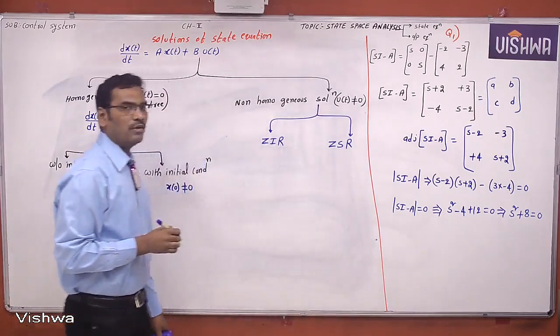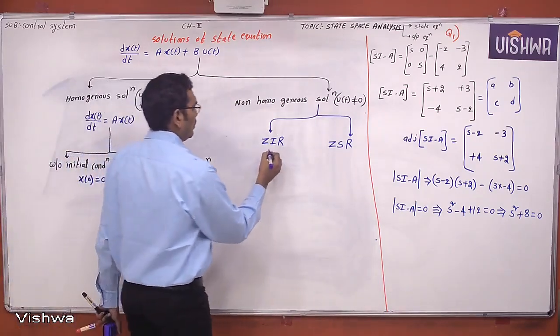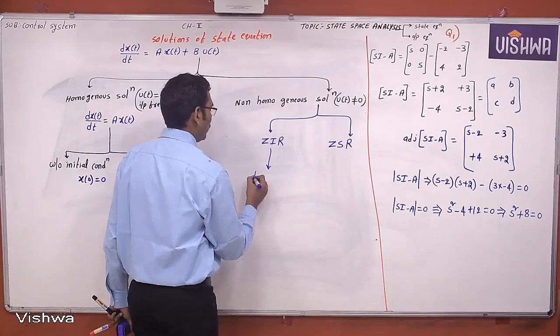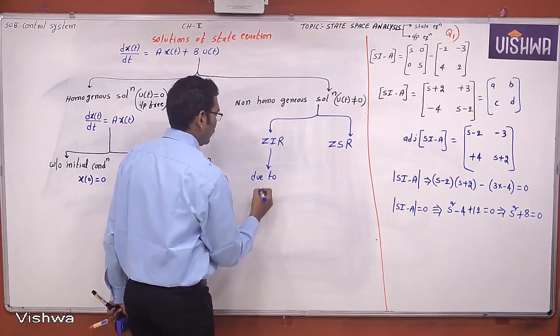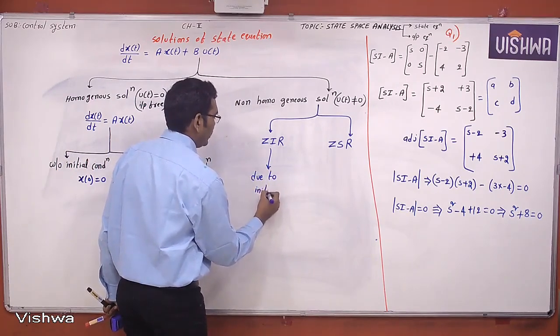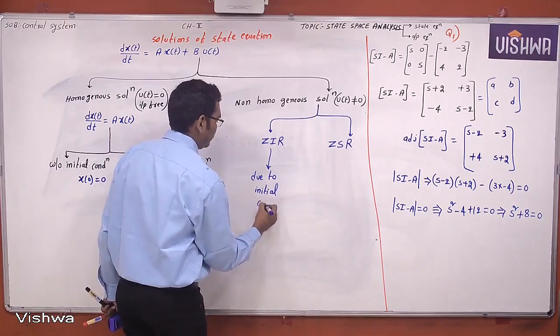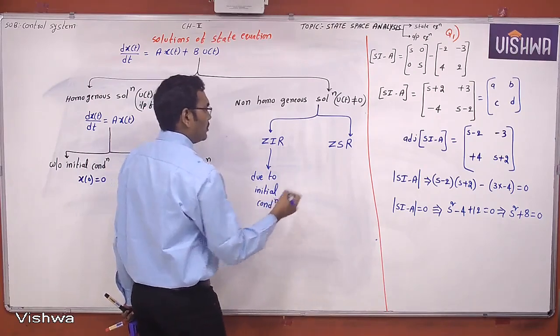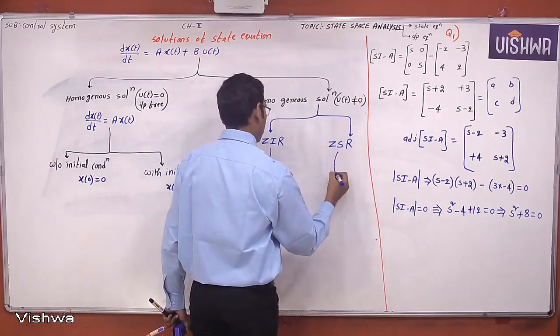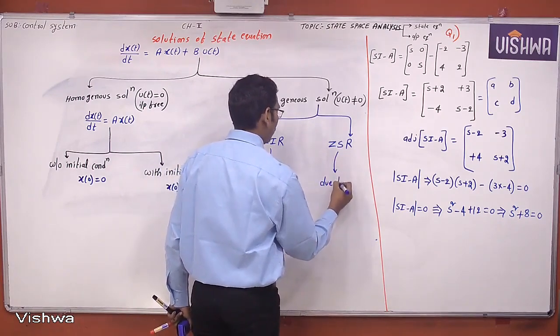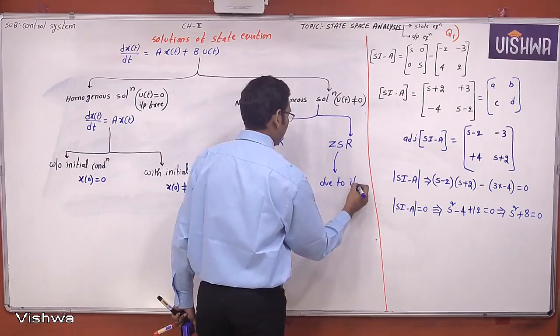The zero input response is due to the initial condition. The zero state response is due to the input.